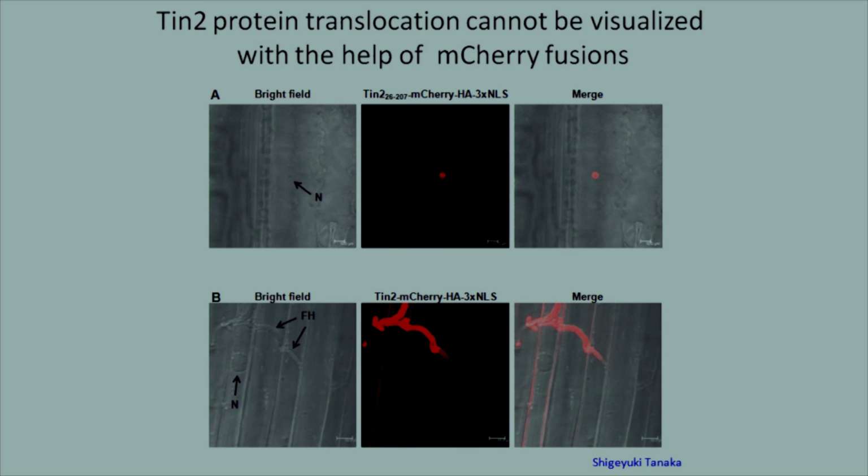However, if you now look at the nucleus of the plant, there is no staining whatsoever. And in this case, for the infection, we used silk of maize because there is basically no background fluorescence. And still, we are unable to see it. So we have never been able to see a fusion protein to a fluorescent protein translocated to the plant cell.